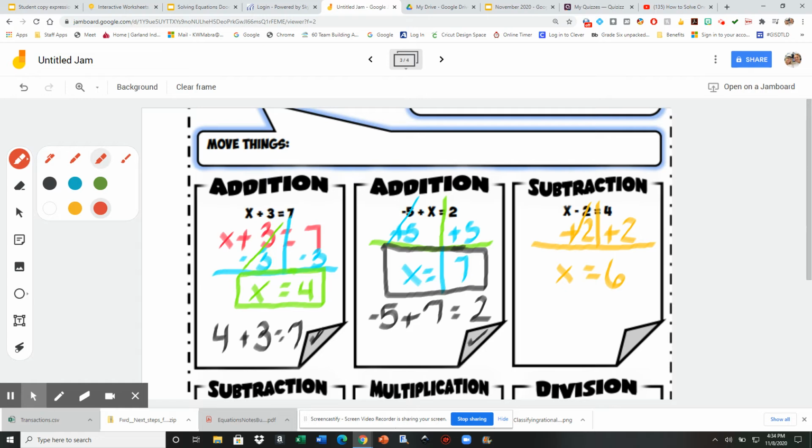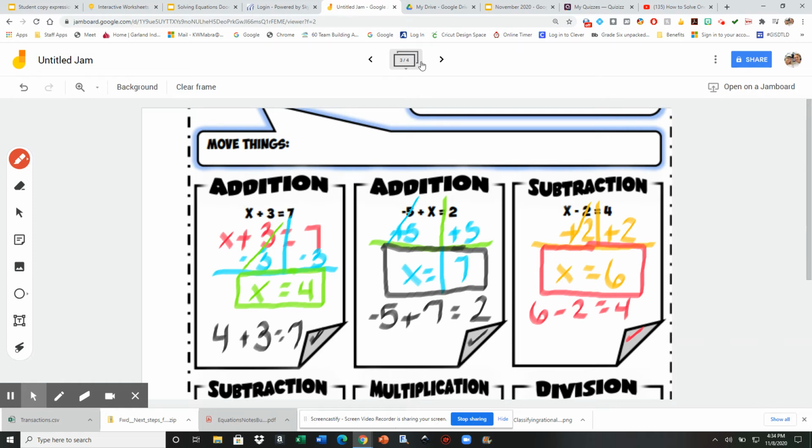So let's substitute. 6 minus 2 is equal to 4. Does 6 minus 2 equal 4? Why, yes, it does. So we know that x is equal to 6.